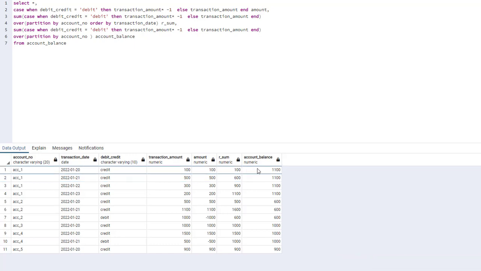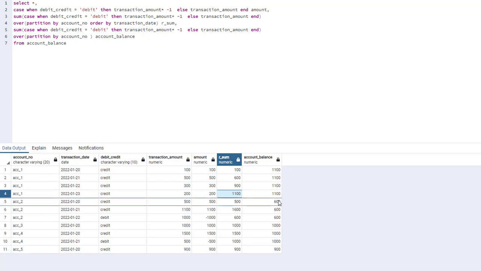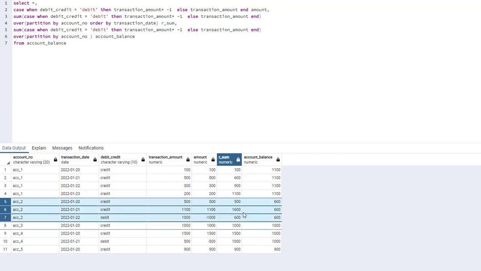Now we know in which row the account reached 1000 using this running sum, and we know which accounts to keep and which are not. For example, this account 2 total balance is 600, so I'm going to exclude this.